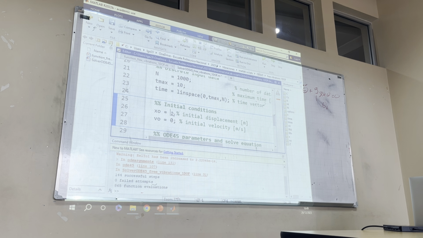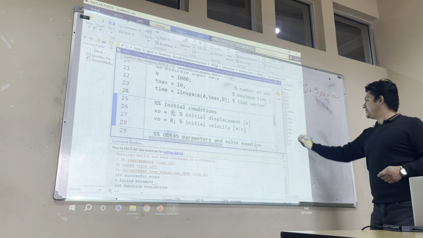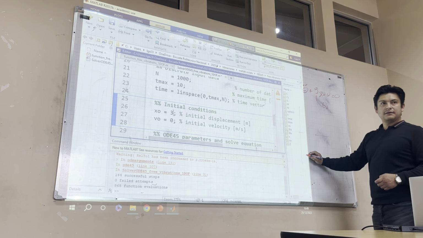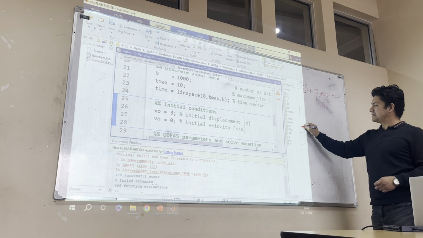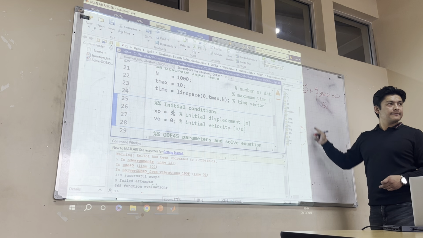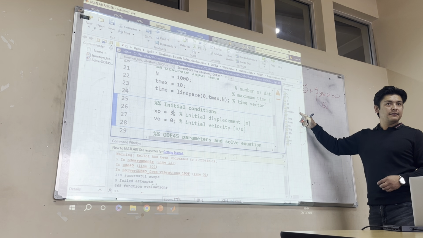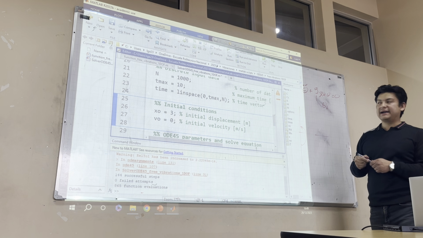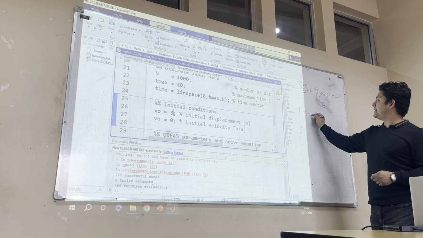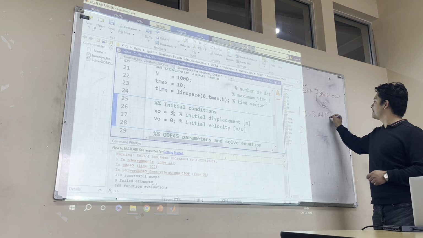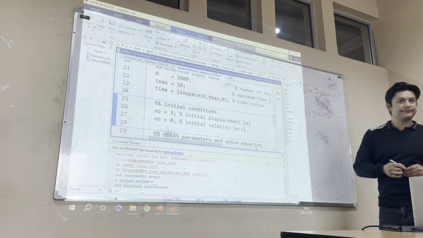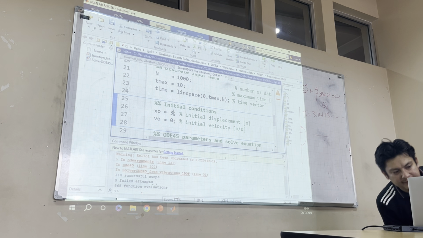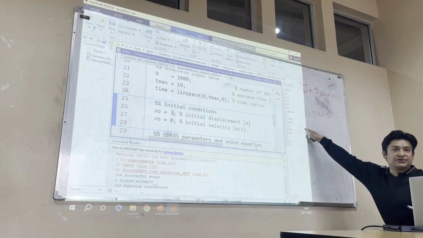Let's put 3. 3 radians displacement. How big is 3 radians? How much is 180 degrees in radians? Pi. Pi equals 3.14. Right? So 3 is quite close to this point, right?